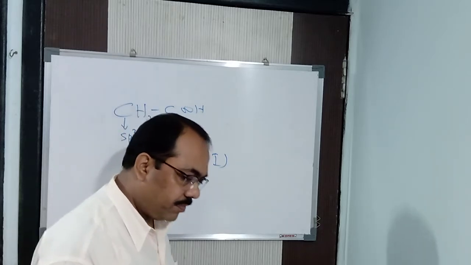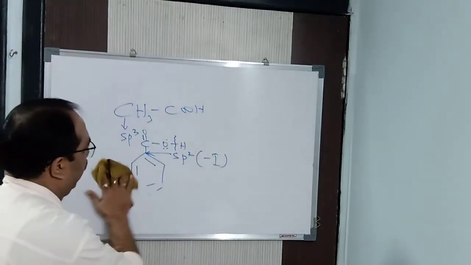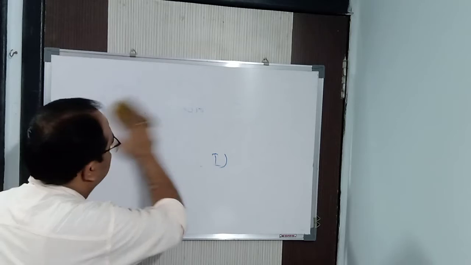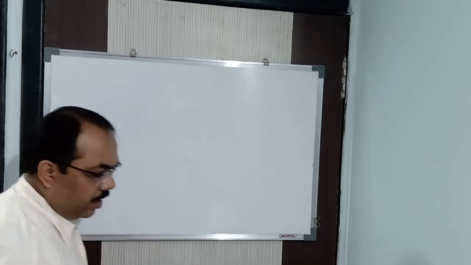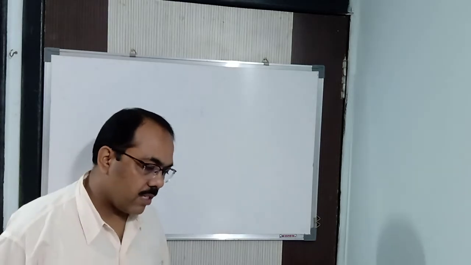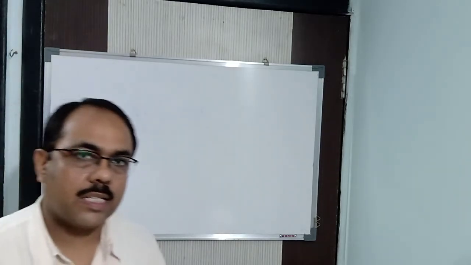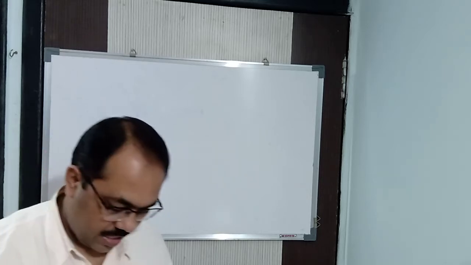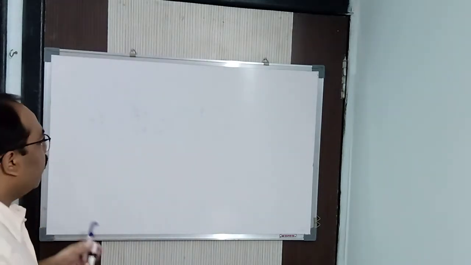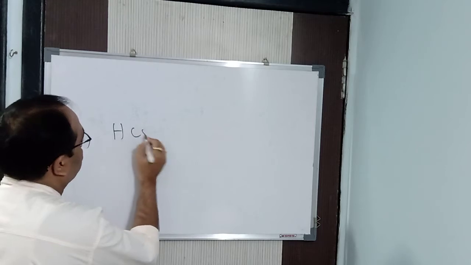Due to this reason, you will find that aromatic substituted carboxylic acids are somewhat stronger acids than aliphatic substituted carboxylic acids. I mean to say that formic acid is always stronger, no doubt about it.